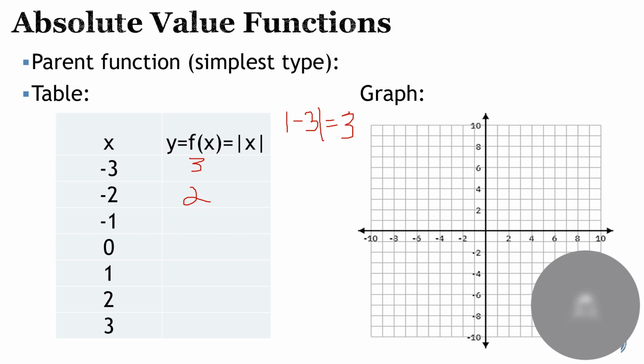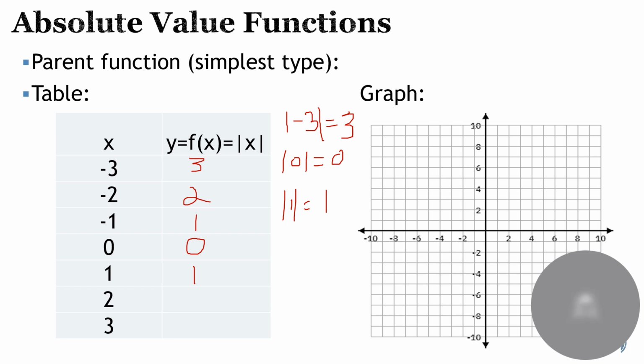The absolute value of -1 is 1. The absolute value of 0, okay, how far away from 0 is 0? Well, 0. Now, here's where there is sometimes a misconception. The absolute value of 1, remember, it's the distance from 0. So the distance from 0 of 1 is just 1.